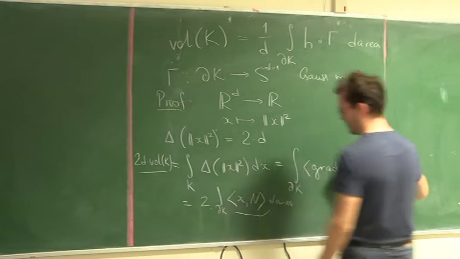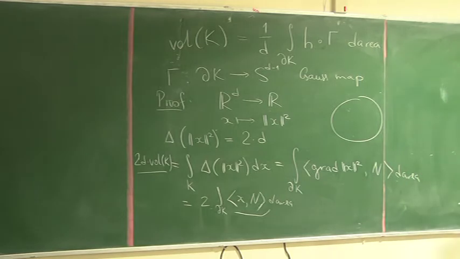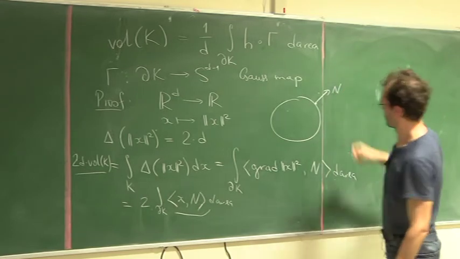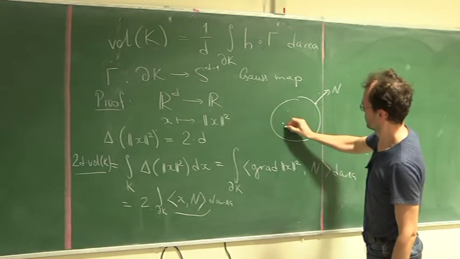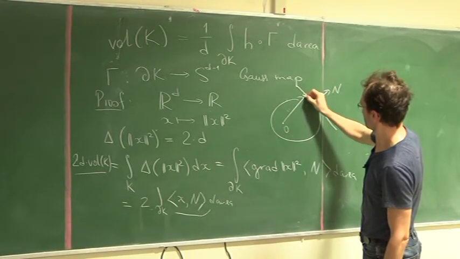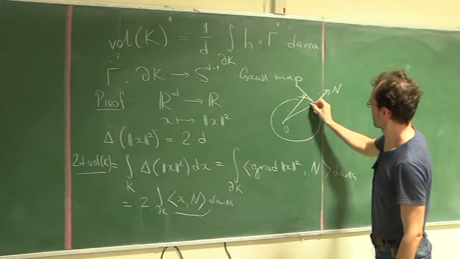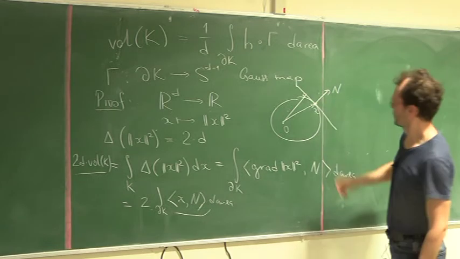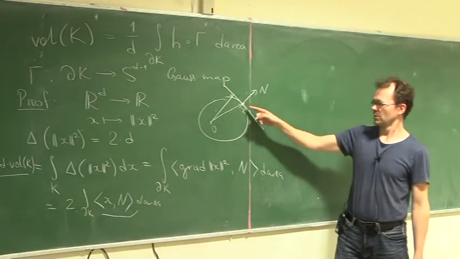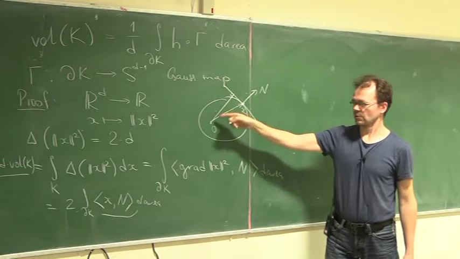This is because of the following picture. If this is our body K, and we have a point with the outward normal n, and somewhere here we have the origin, then the support function is this distance. And this distance is equal to the scalar product of, so x is exactly the point on the boundary of K. If we take the inner product of the position vector of this point with n, then what we get is exactly that distance.